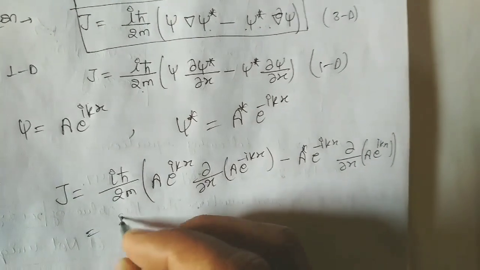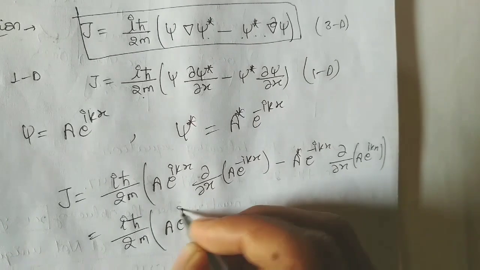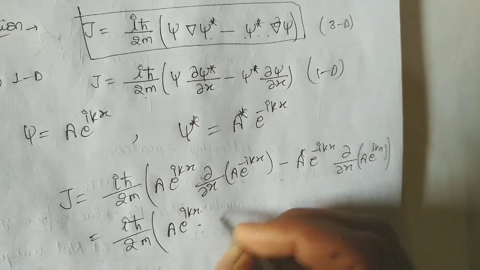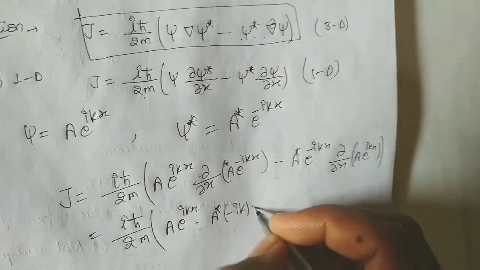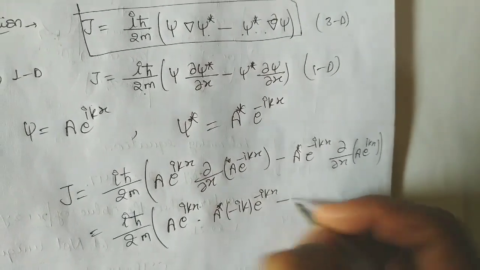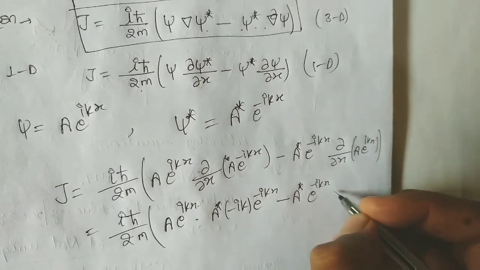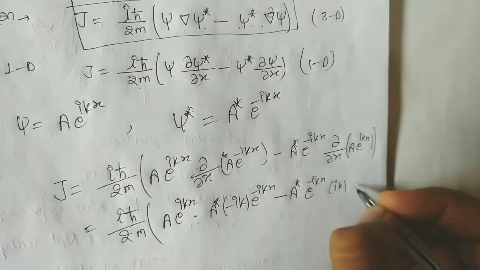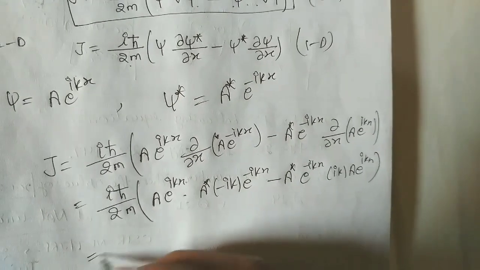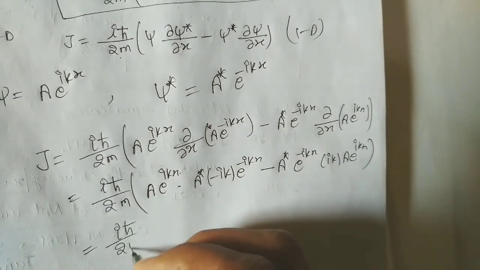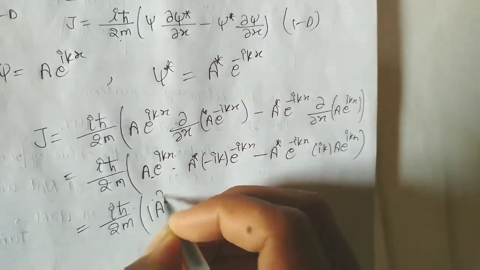Now if you solve this equation, you will get a exponential i kx times a star and minus i k exponential minus i kx, minus a star exponential minus i kx times i k a exponential i kx. On rearranging these terms, you get i h cross by 2m. This a and a star will be nothing but mod a square.